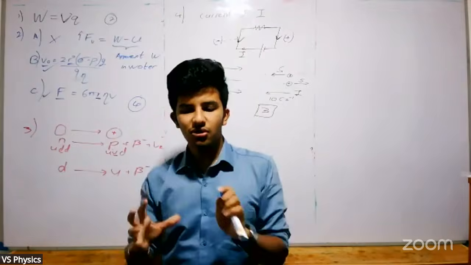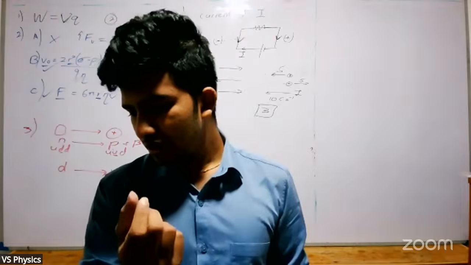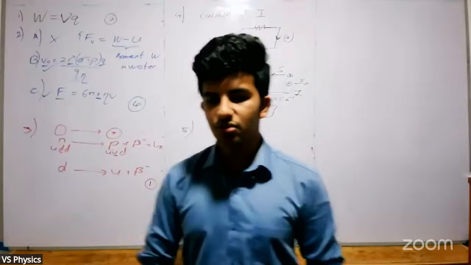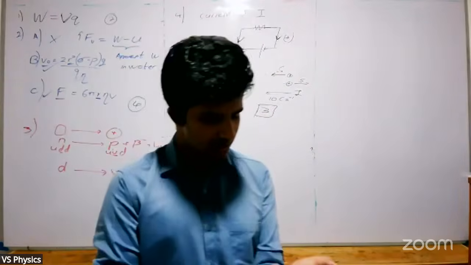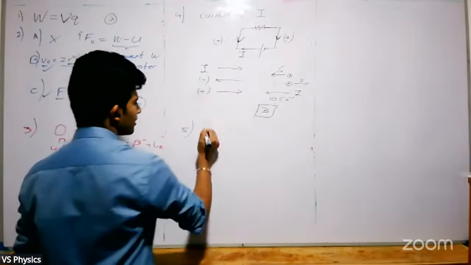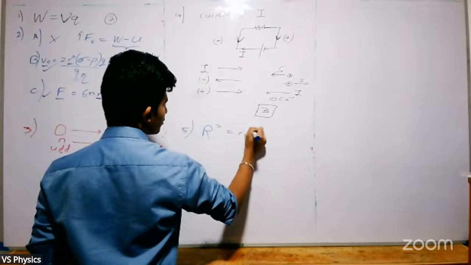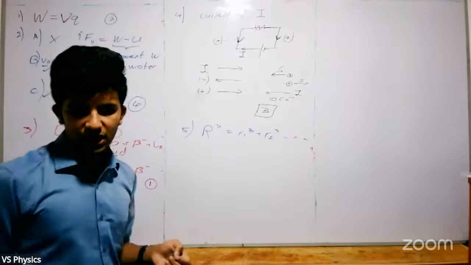Within the syllabus, we don't know for water, liquid drop, at constant temperature, which form we can use, because water doesn't compress, liquid doesn't compress. As it doesn't compress, we have to use R cube equals R1 cube plus R2 cube plus so on.